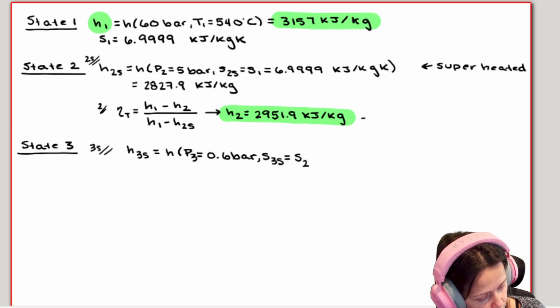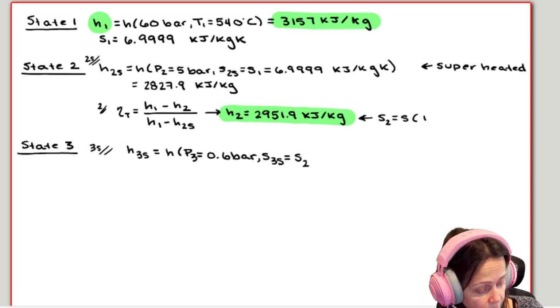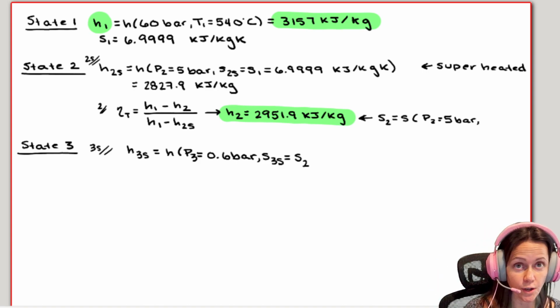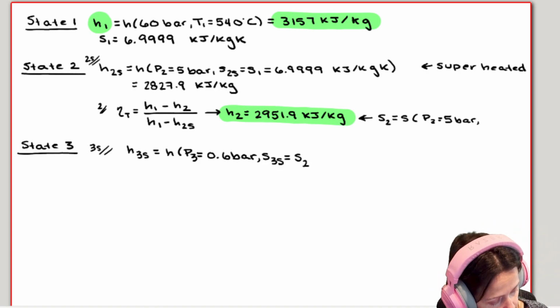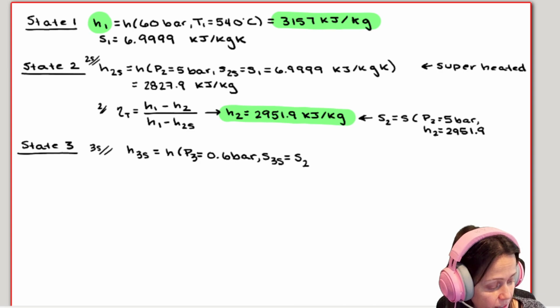Okay. So let's go back up here. So S2, the properties that I know about that, it's going to be at 5 bar. But now it's going to be at that enthalpy that I solved for, H2, being equal to 2951.9 kilojoules per kilogram.